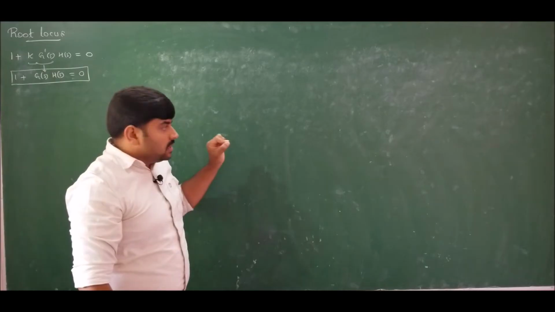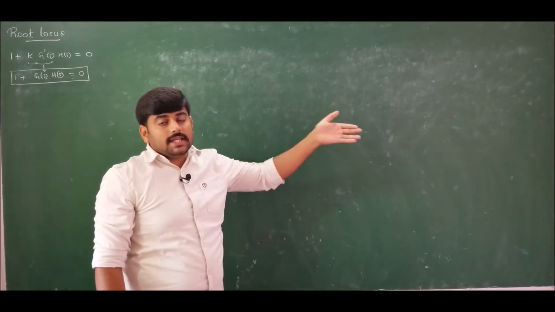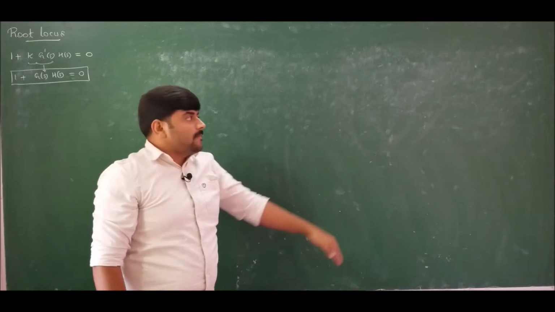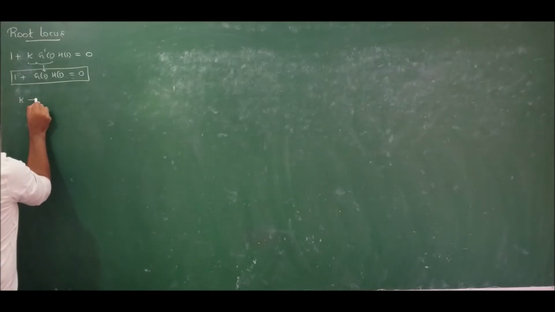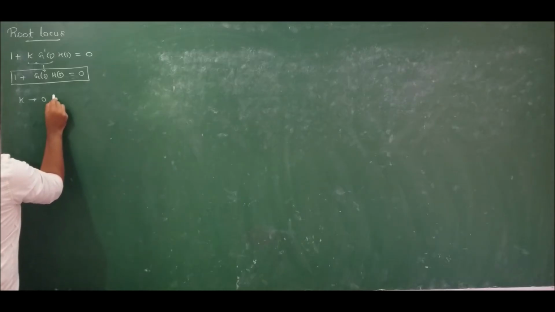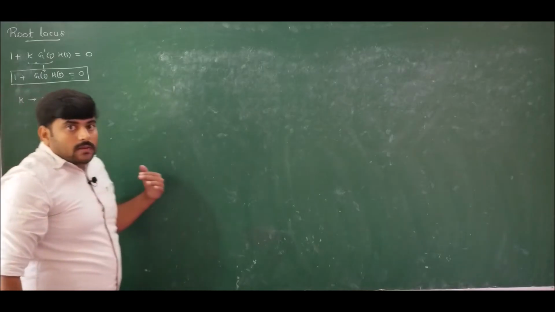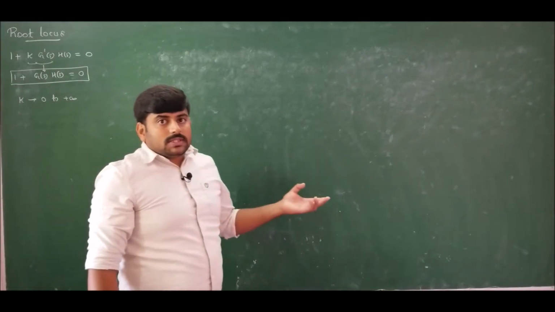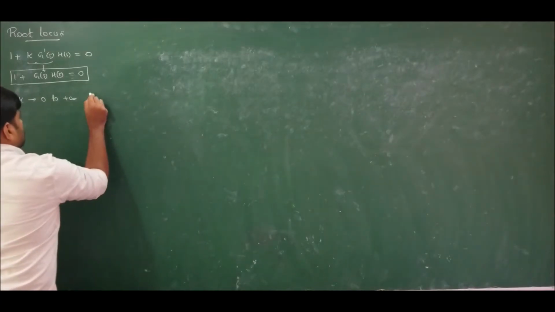If I join those poles, I will get a line, and that line is nothing but root locus. If I vary the value of k from 0 to plus infinity, then the line obtained by joining the poles is called the direct root locus. Is called what? Direct root locus.